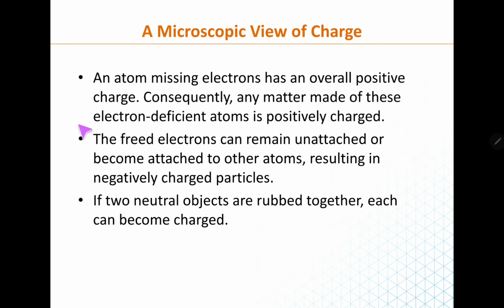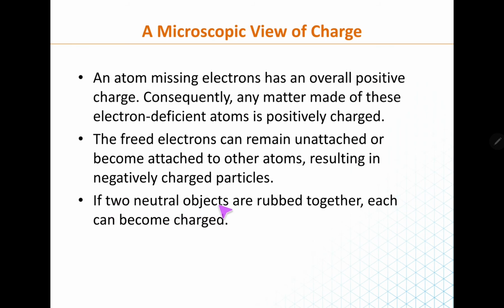What do these two notes mean? When an atom is missing electrons, it will have a positive charge. And when the atom gains electrons, it will have a negative charge. Again, this is important: an atom missing electrons has an overall positive charge, and if the atom gains electrons, it has a negative charge.